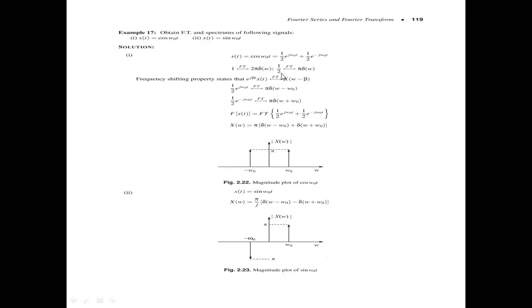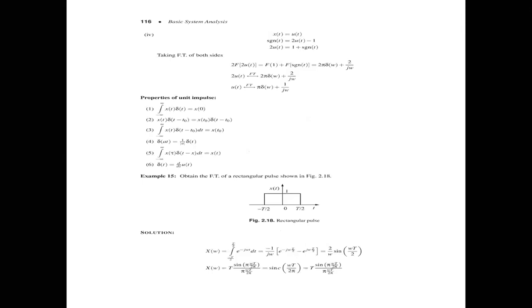By using this Fourier transformation, we'll get pi into delta of omega minus omega naught plus pi delta into omega plus omega naught. And for sine omega naught t, it is pi by j into delta of omega minus omega naught minus delta of omega plus omega naught. This is the way you can find the Fourier transformation of sine and cosine of omega naught into t. If it is multiplied with the mu of t, I will show that also.